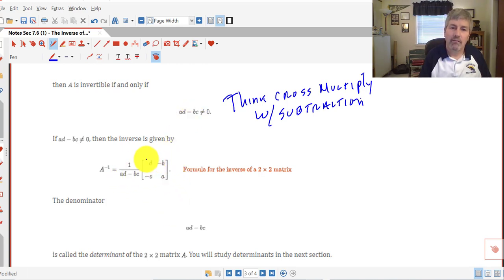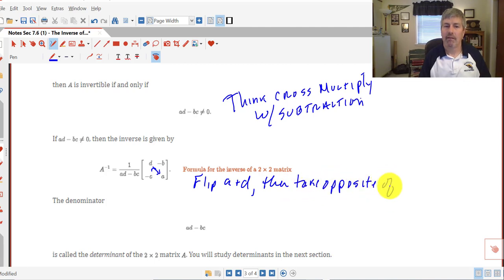And then what they've done is flipped A and D within our matrix here. So the D and A switch positions, and then the B and C stay in their same positions, but they take on the opposite sign. Within your matrix, I would say flip A and D, and then take the opposite of B and C.